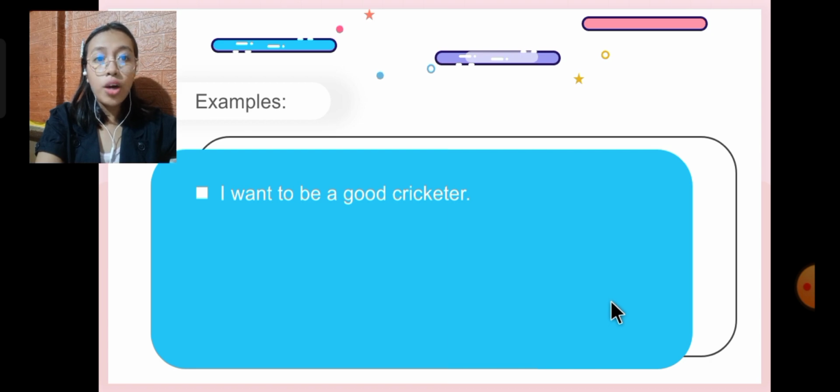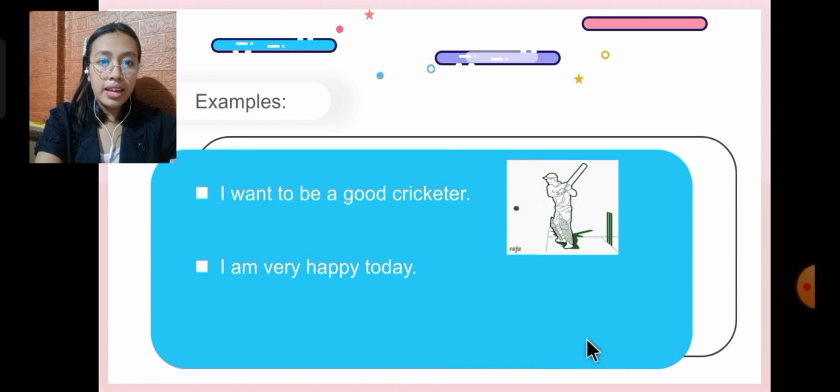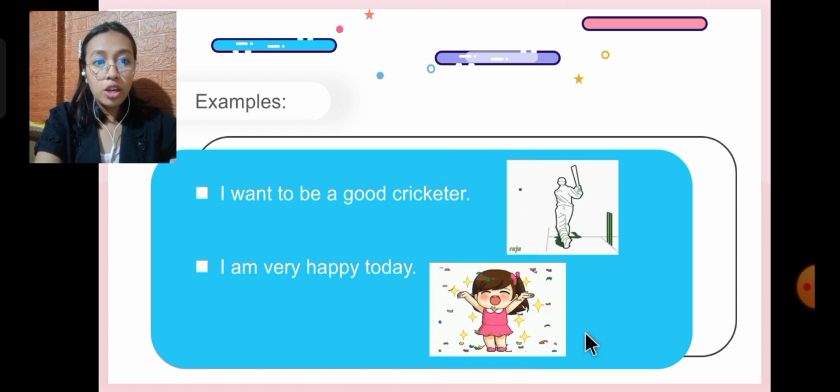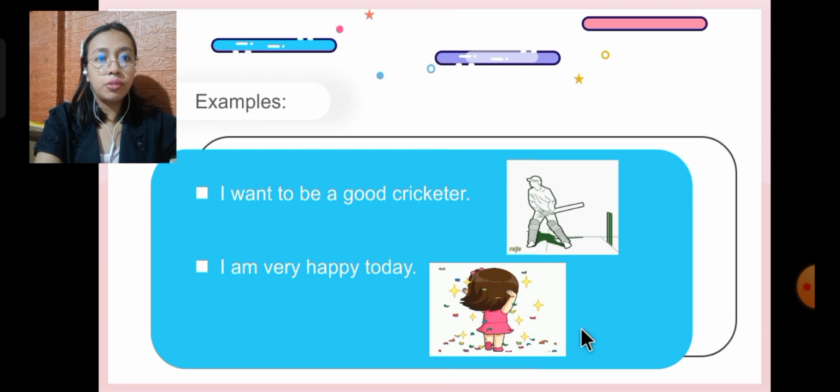Example: I want to be a good cricketer. This is a statement with a period at the end. Next example: I am very happy today. This is a declarative sentence which is expressing a feeling.